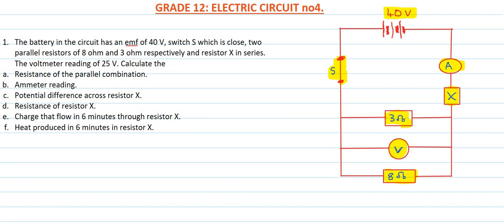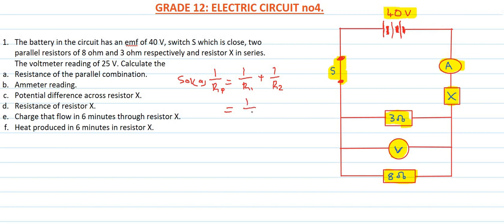Let's do question 1. Calculate the resistance of the parallel combination. We know that R parallel is given by 1 over Rp equals 1 over R1 plus 1 over R2. Let's say R1 is 3 ohm.